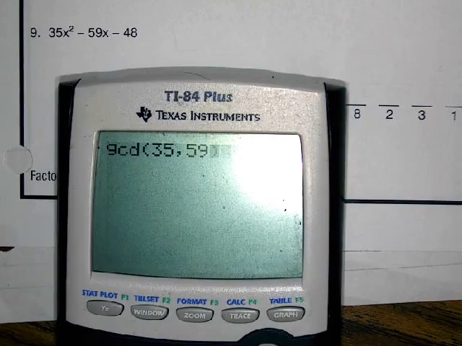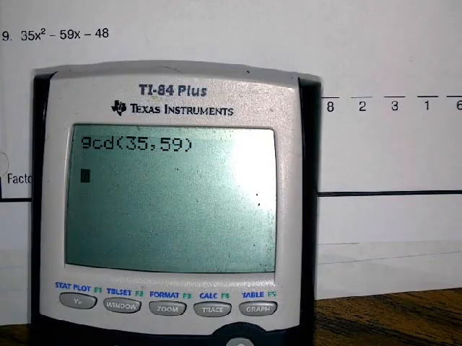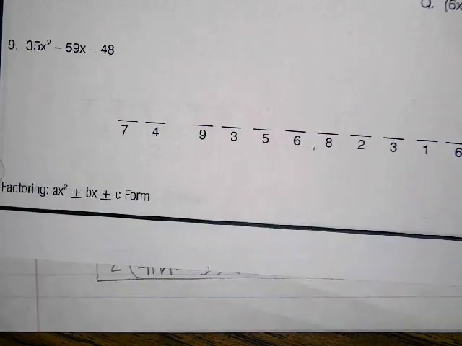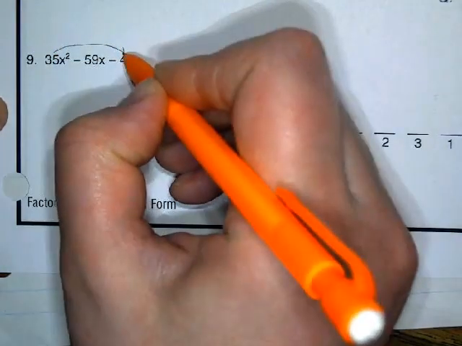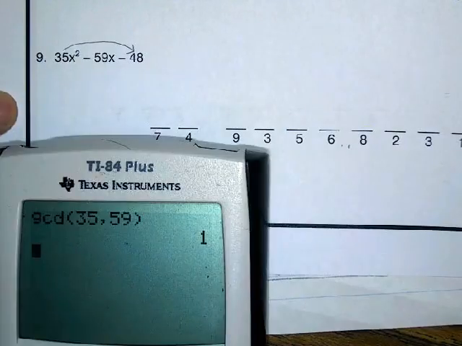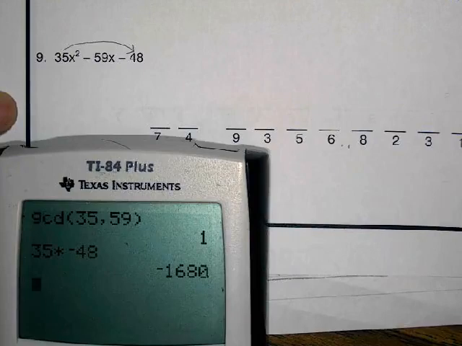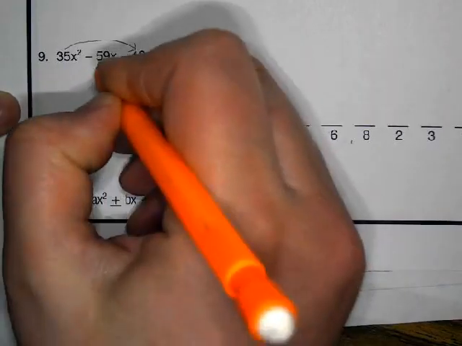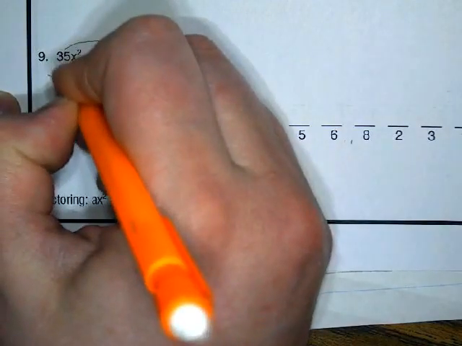So this is not a GCF problem. Okay, so if we start off number 9, we're going to slide the 35 over to the 48. So we're multiplying to negative 1,680 and we're adding to negative 59.